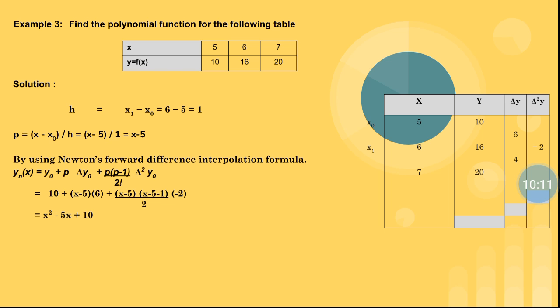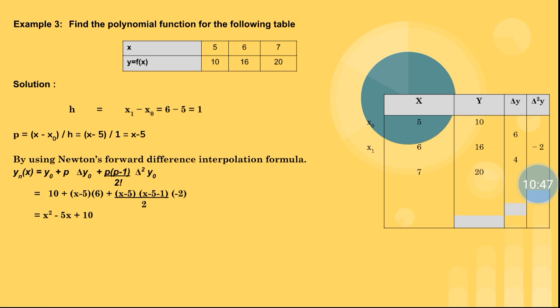Find the polynomial function of the table given below. h, if you see, with x values 5, 6, 7, the difference is 1. p is x minus x0 upon h. x is not given to us in the question, so keep x as it is, because we are supposed to find the polynomial function, x has to be x only. x minus x0, which is 5, upon h, which is 1. So your p value is x minus 5.